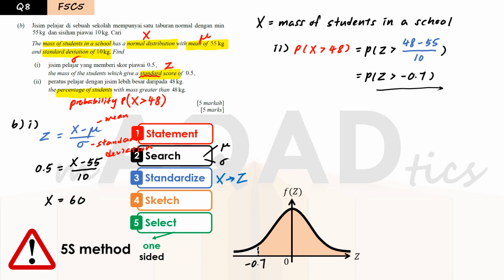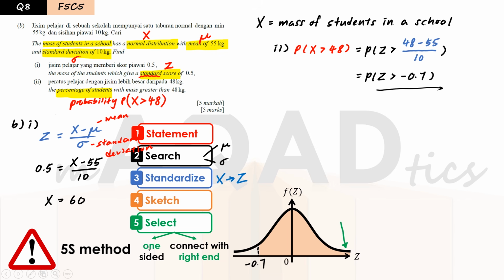It cannot be both. The second criterion is that the shaded region must connect with the right end.